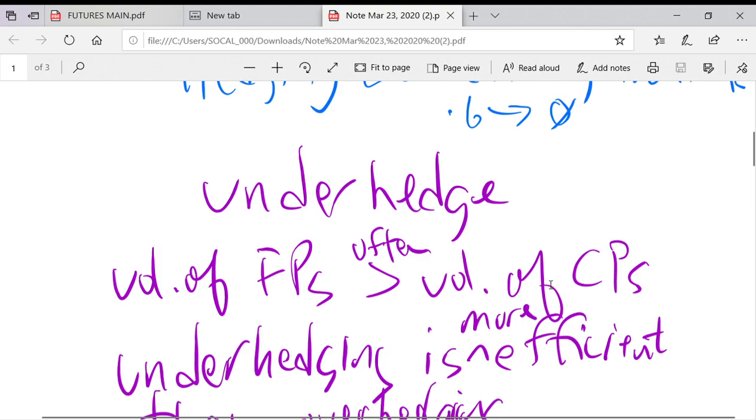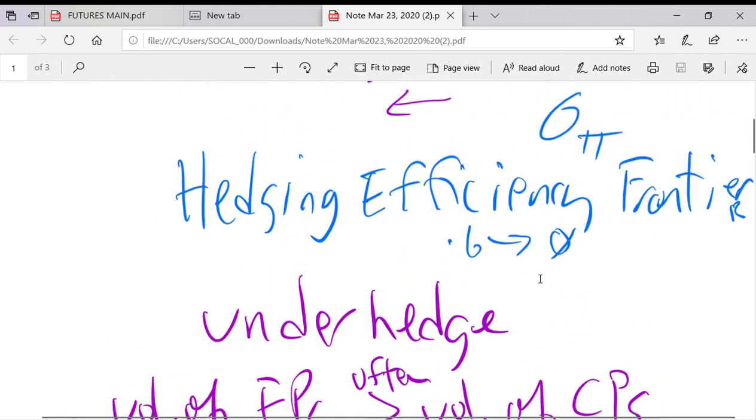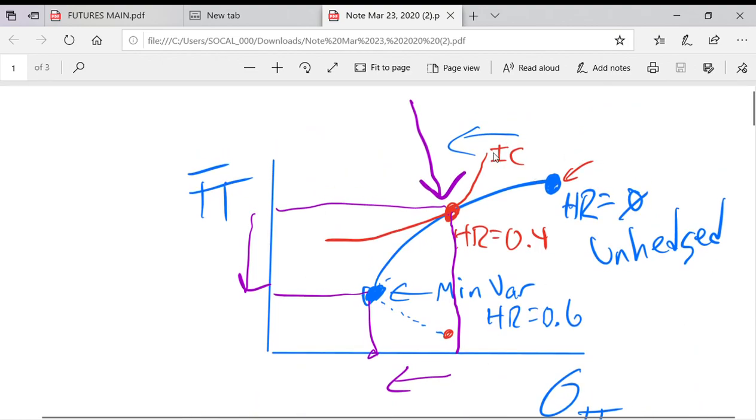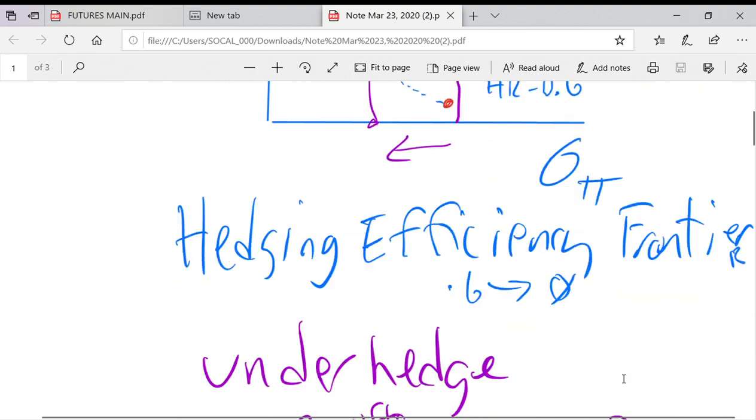And so underhedging is often more efficient than overhedging. Okay, so it's a very important little diagram here. It's kind of neat that it brings in portfolio theory to the futures topic area, and so spend a little time with that. Again, the buzz phrase is hedging efficiency frontier. Okay, alrighty.